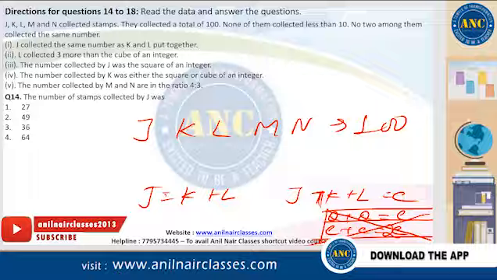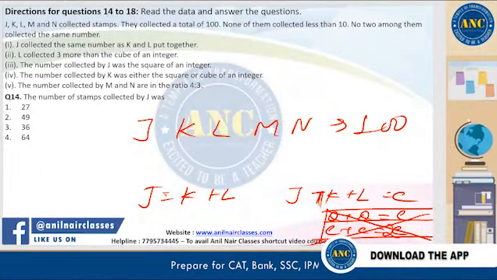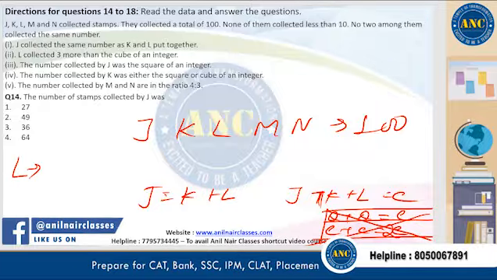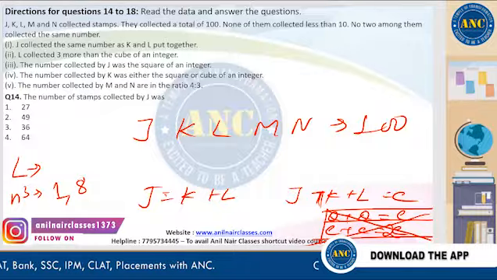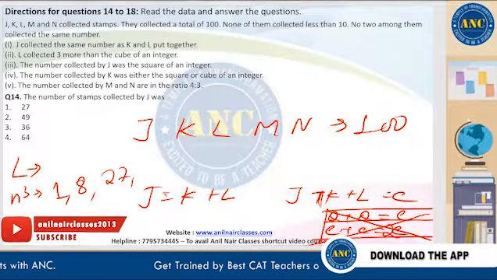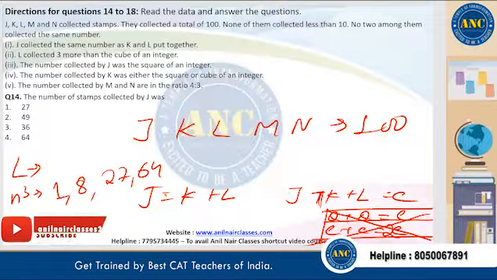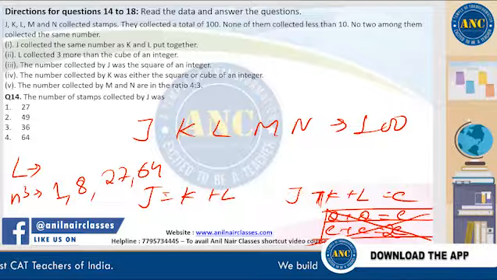So J collected the same as K plus L. L collected 3 more than the cube of an integer. Now let's look at the values of L. What could be the values of L? The cube of a number could be 1, 8 which is 2 cubed, 27 which is 3 cubed, and 64 which is 4 cubed. By chance, if L is 3 more than 64, L would become 67.